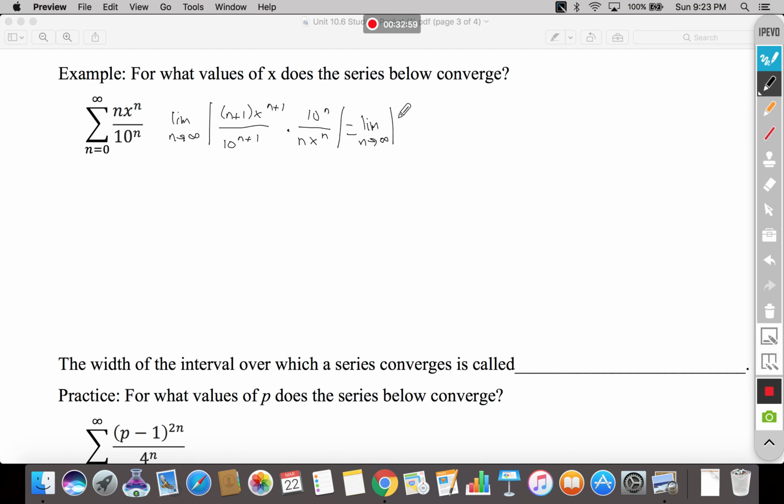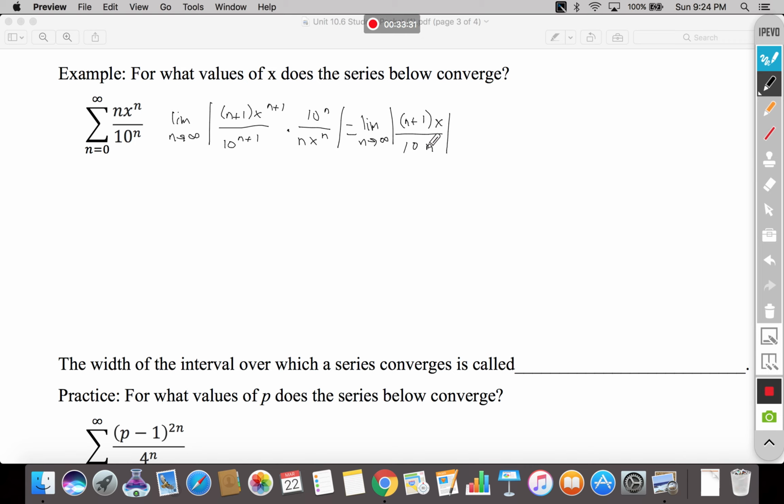So in the numerator we get n plus 1 times x, and over 10 to the n plus 1, we'll lose the 10 to the n's, but 10 to the 1 will still stay down there, and we have an n left over that has nothing to cancel out with. All right, so we'll end up with something looking like this.